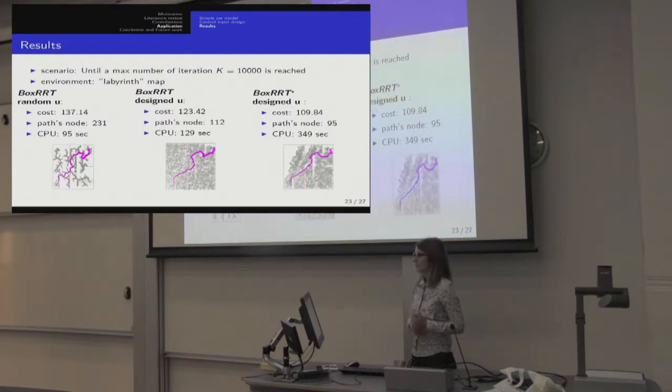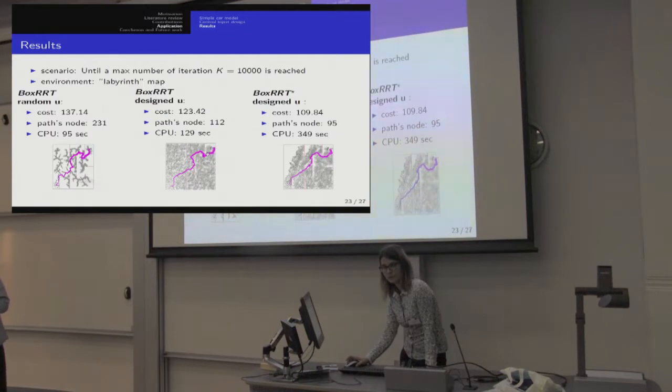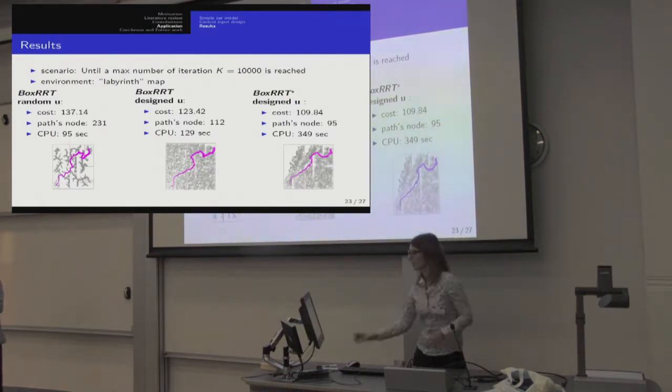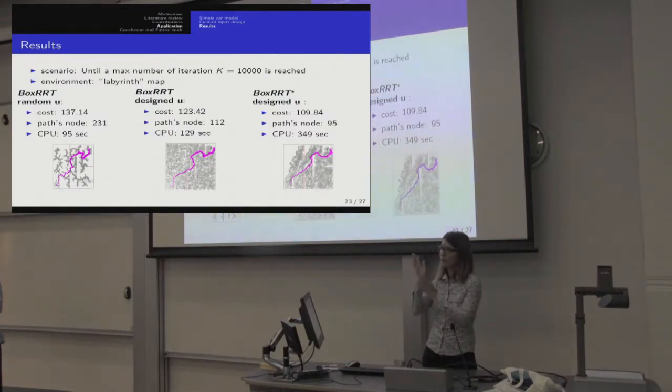But yes, if we don't have an obstacle, the path will be straight ahead to the goal, but it will be straight ahead for both BoxRRT and BoxRRT star if we decide to stop when we find the first solution. If we iterate for k iterations, we will see that the BoxRRT star will be exactly a straight line. While the BoxRRT will be like a straight line, but it will not be straight. It will converge to it.